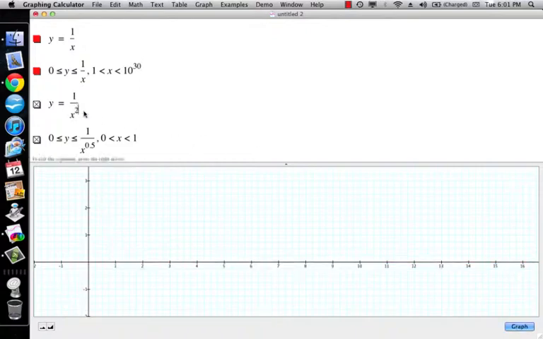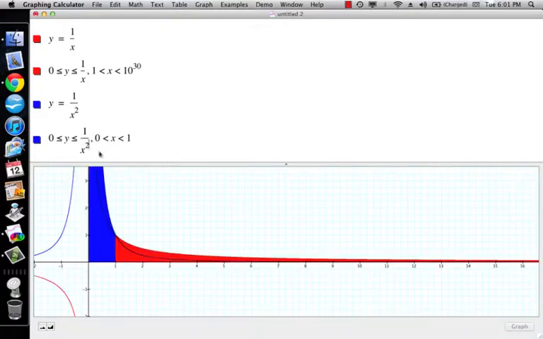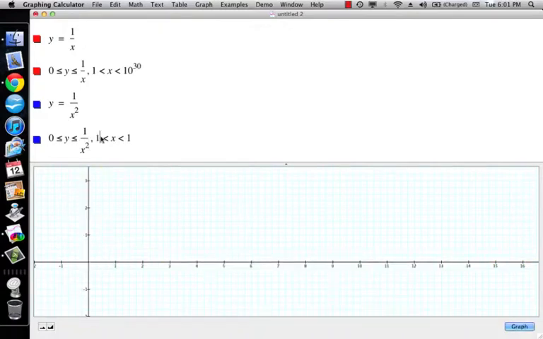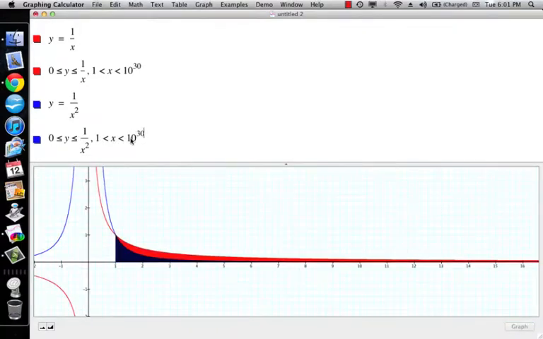But let's change it to 1 over x squared. So now, once again, I want to go from 1 to 10 to the 30th. Now my blue is smaller than my red.